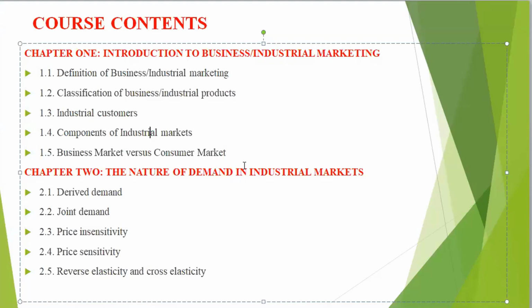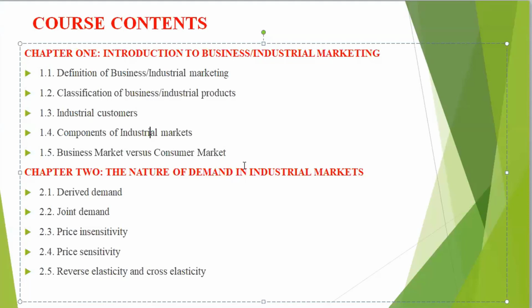The demand of an industrial buyer or industrial product buyer could be derived demand. Derived means simply that as a result of purchasing one product, you need another product. So this industrial customer may purchase a car.